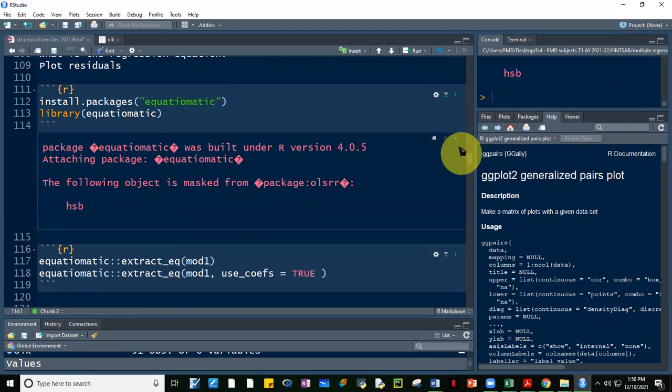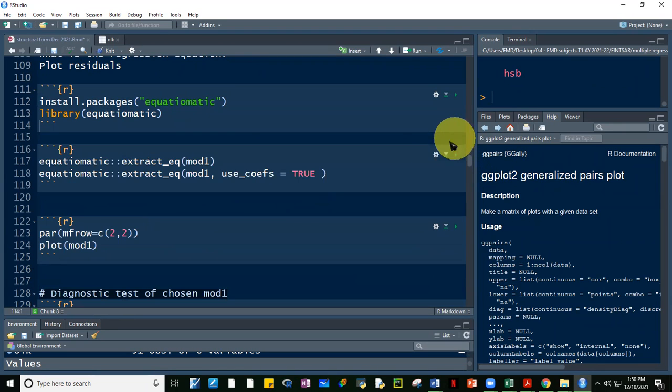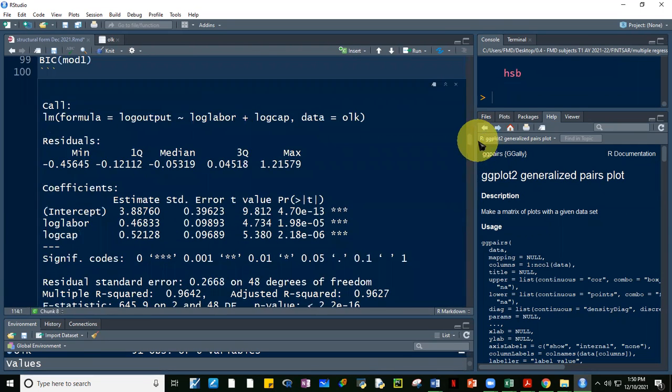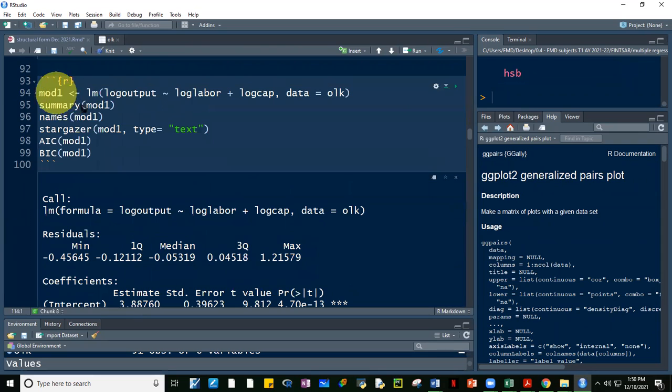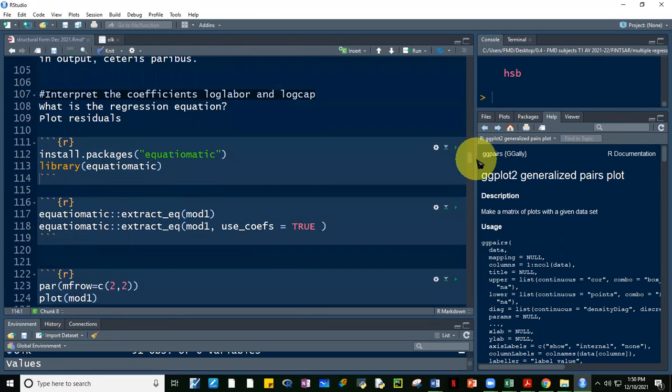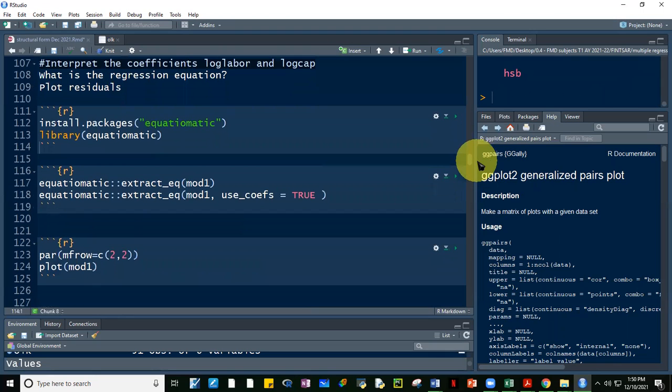Okay, so na-load ko na. Okay, and then we can make use of this function. Extract natin yung equation kay model 1. Si model 1 natin, di ba? Ito yung regression model natin. Okay, mukhang nag-skip ako. Pero sige, i-extract muna natin, subukan natin.